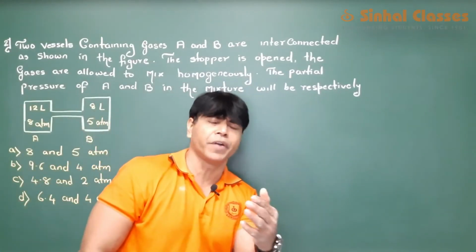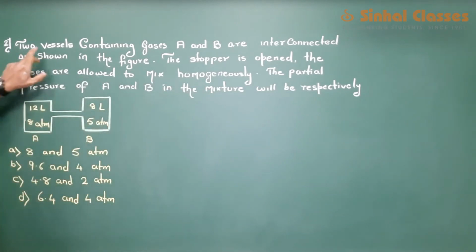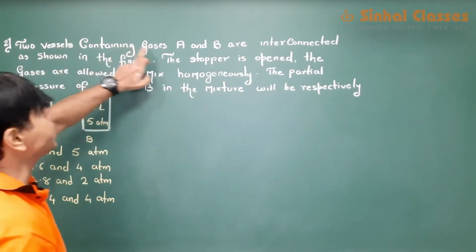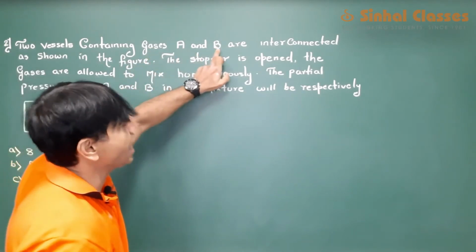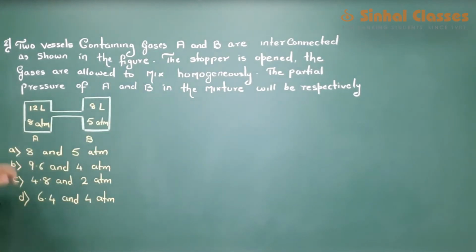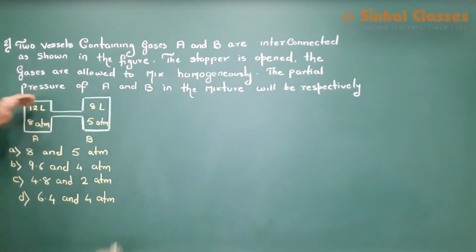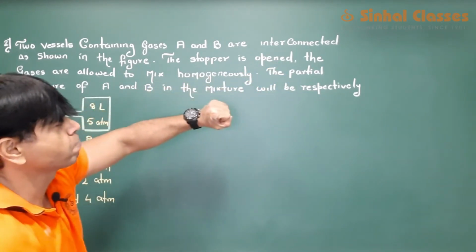Now let us see one very interesting question. Two vessels containing gases A and B are interconnected as shown in the figure. The stopper is opened, and the gases are allowed to mix.